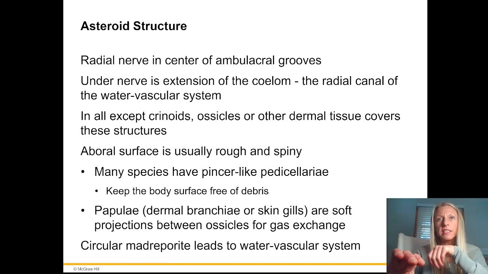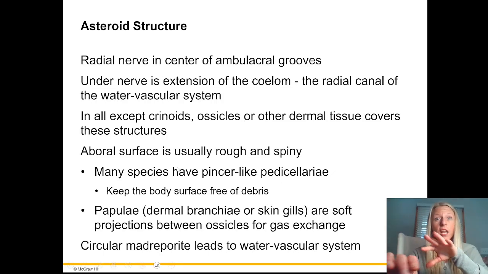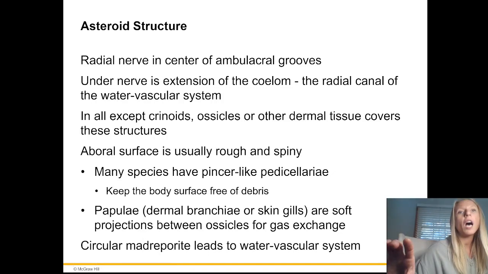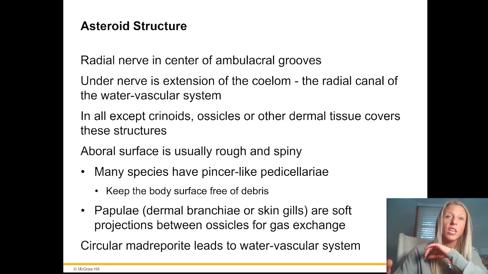Many species have pincher-like pedicellariae. They keep the body's surface free of debris, and they also sometimes have papillae, which are sort of skin gills, soft projections between ossicles that help with gas exchange.